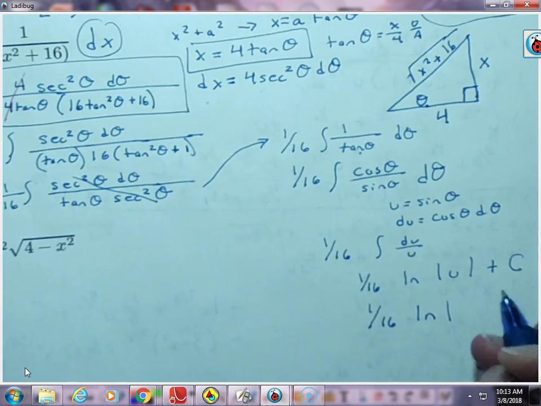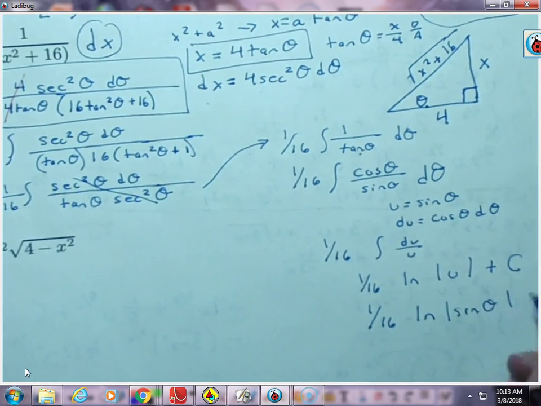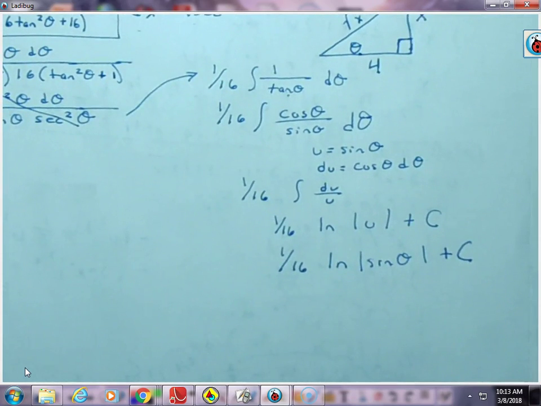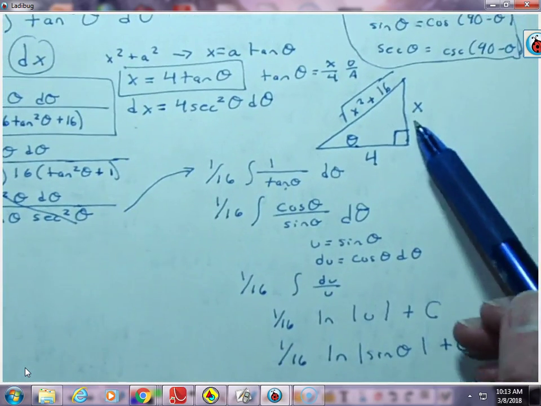All right, so ln of the absolute value of u. This isn't as bad as we think, because we've integrated everything. Once we finish, we just have to make sure it's back to x's. The only thing to fix is sine of theta.